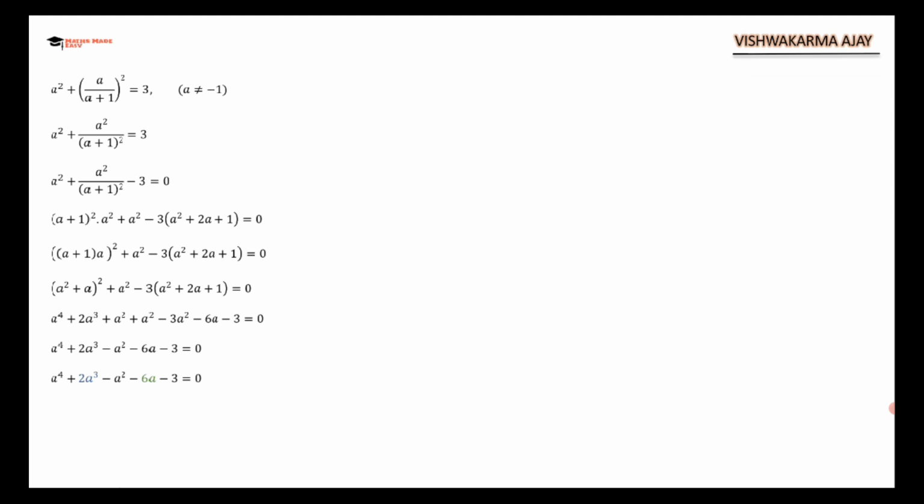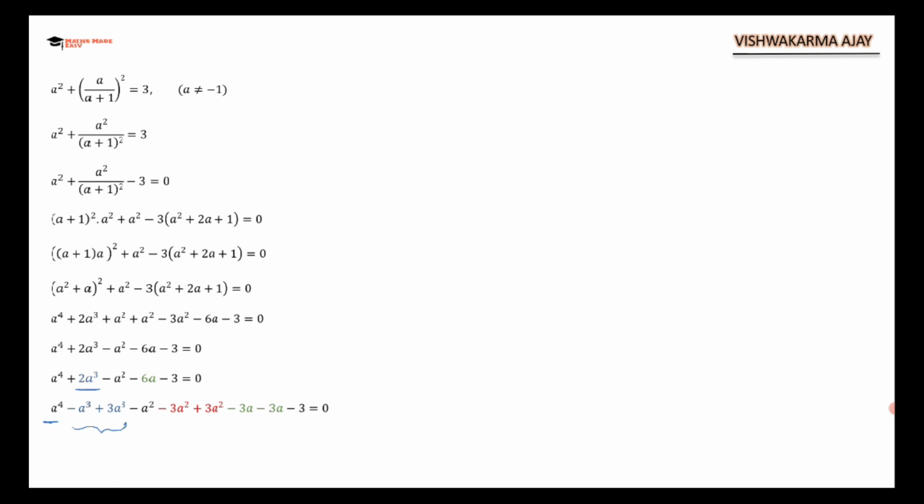What I am going to show from here is very important, otherwise you cannot factorize this part. So we have to make some adjustment, and that adjustment is a legitimate adjustment. You just have to learn it. a to the power 4. 2a³ can be written as minus a³ plus 3a³.